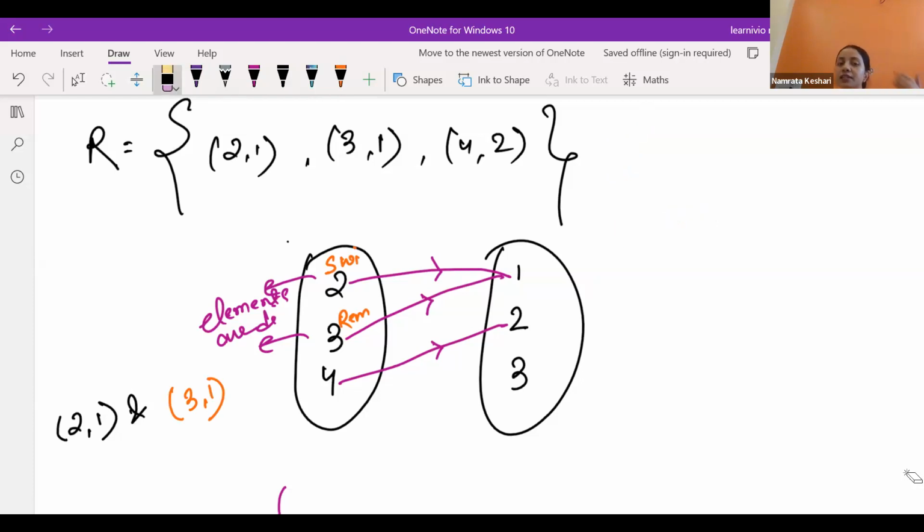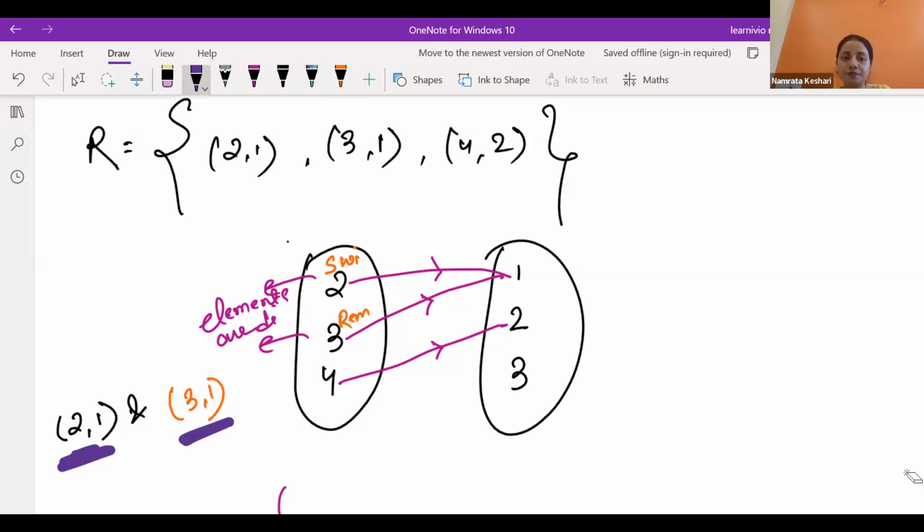Rule number 1 says each and every element from the first set must have its image in the second set. Rule number 1 verified. Rule number 2 says each and every element must have its unique image. This unique image can sometimes be confusing. You can understand it this way: if you have two distinct ordered pairs, 2 comma 1 and 3 comma 1, these are two different ordered pairs.